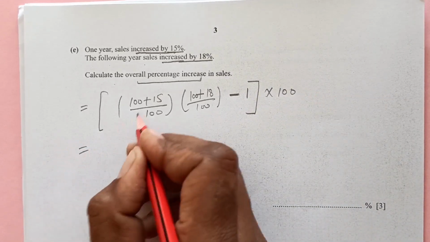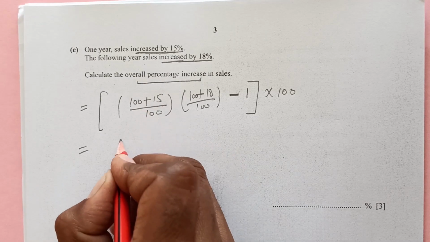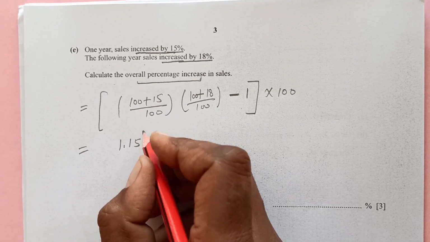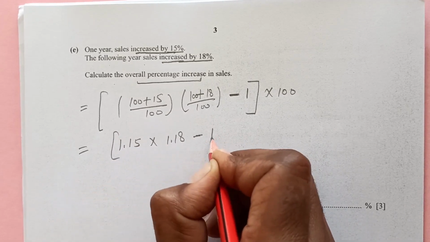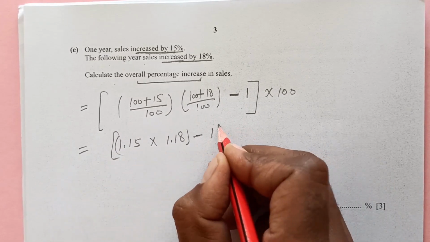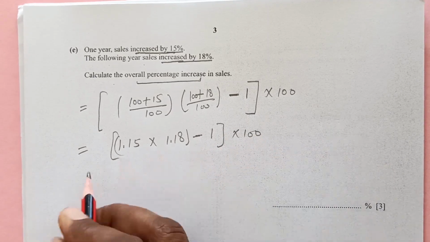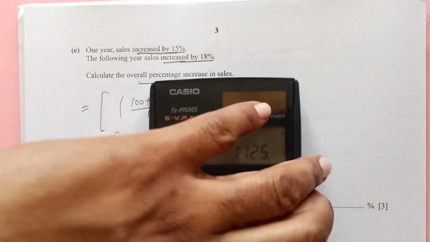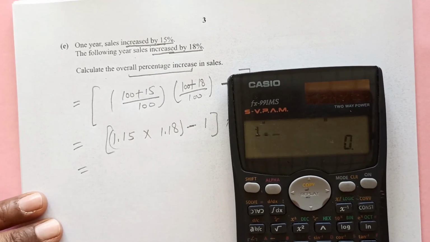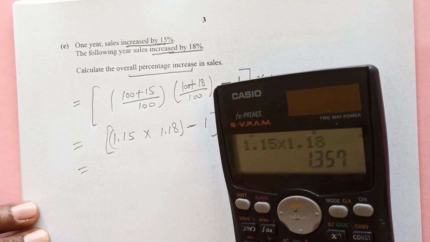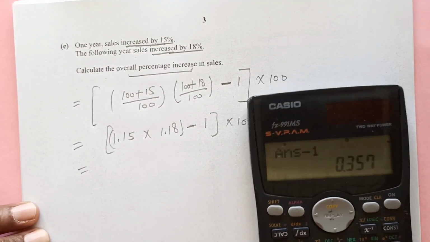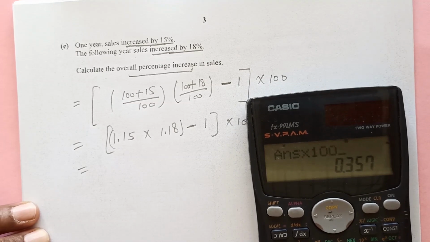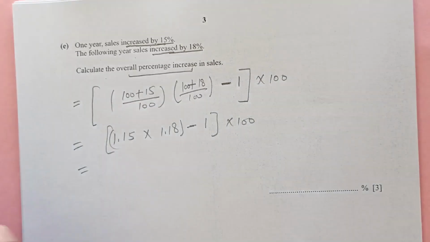So this is 115 over 100, 1.15 times 1.18 minus 1, times 100. Let's calculate that. 1.15 times 1.18 is 1.3, minus 1, times 100. So it is 35.7.